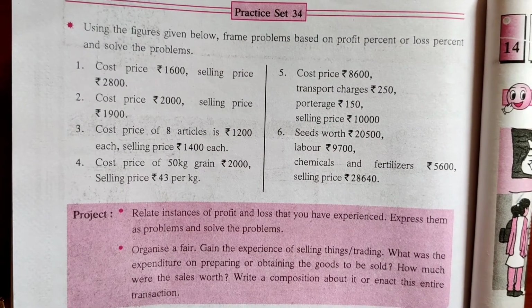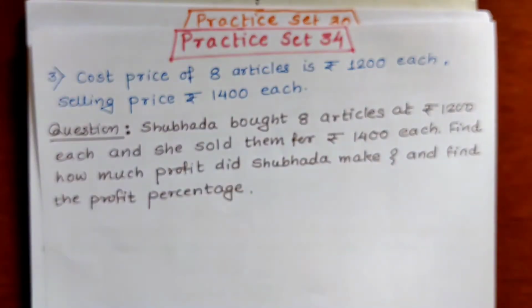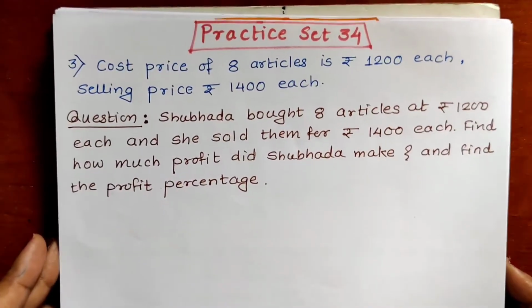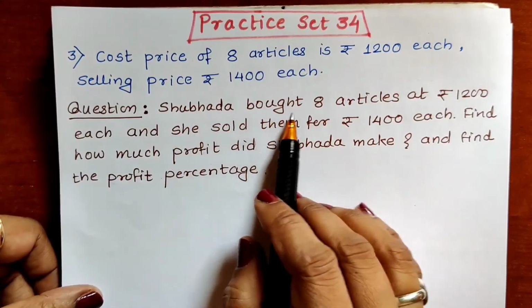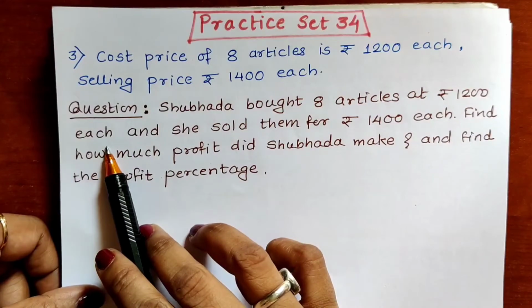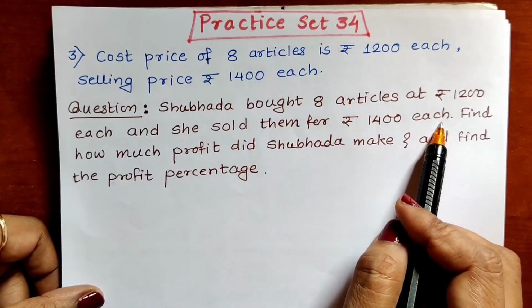But before that we will have to frame a question. So let us see how I have framed my question. My question is: Shubhada bought 8 articles at rupees 1200 each. She sold them for rupees 1400 each.